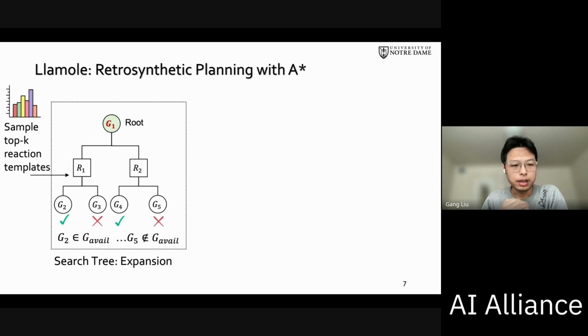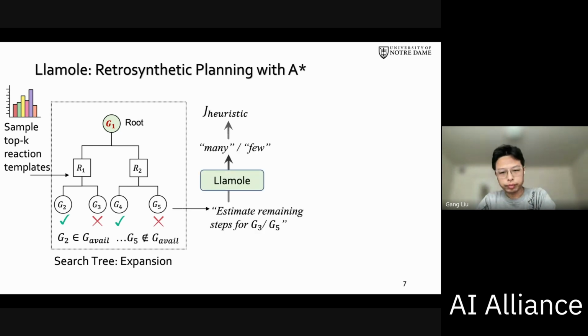A-star is a very efficient searching algorithm. It combines the estimation of the future cost with the existing cost to guide the search. The main difficulty in A-star is how to design the heuristic scores. So here we can use the large language model in Llamole to estimate how many remaining steps are there for G3 and G4.